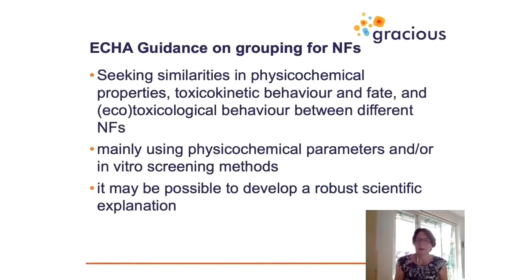So this guidance indicates that by seeking similarities in physical chemical properties, so not only the chemical but also the physical, toxicological behavior and fate, and ecotoxicological behavior between the different nanoforms, it is possible with those physical chemical parameters and also in vitro screening methods to develop a robust scientific explanation for grouping and read across.